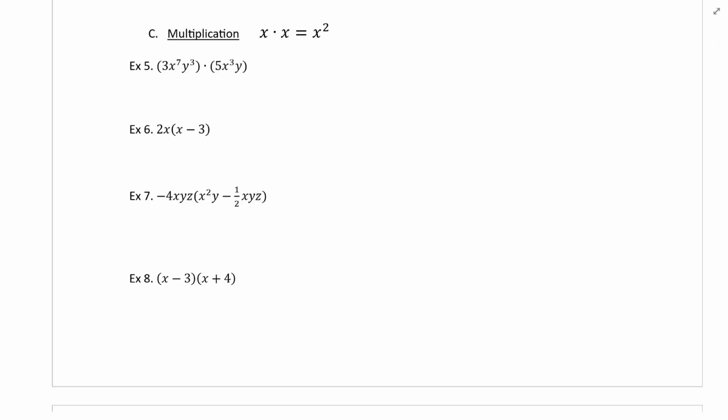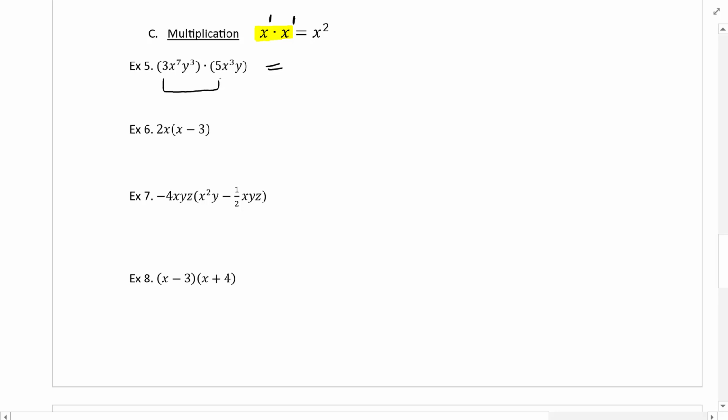Let's do a few multiplication problems. So the main one that is very important to know is that x times x is x to the second. Why is that? Because x to the first times x to the first, we copy the base and we add the exponents. So 1 plus 1 is 2. So now let's do example 5. So we want to multiply 3x to the 7 y to the third by 5x to the third y.